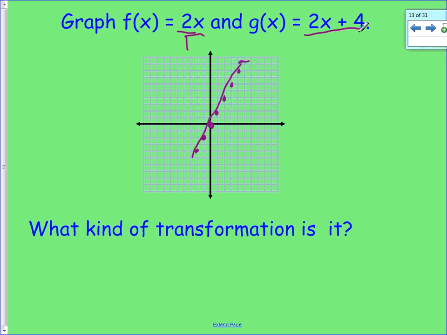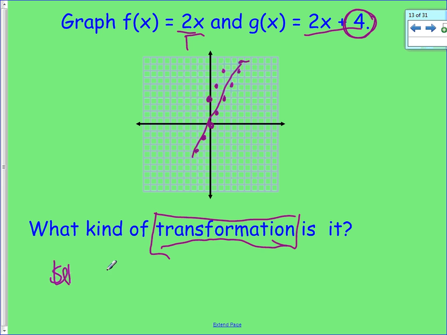What's our intercept here? 4. So I'm going to go up 1, 2, 3, 4. Do I have the same slope, guys? Yes. Up 2 over 1, up 2 over 1. What type of transformation is this? Same slope, so it went up how many? 4.